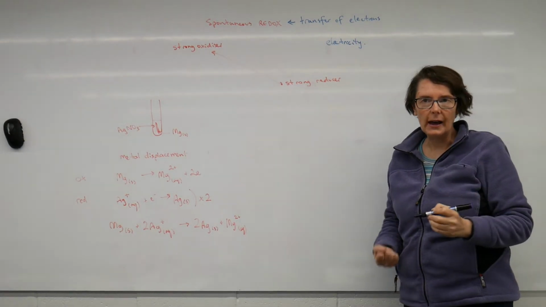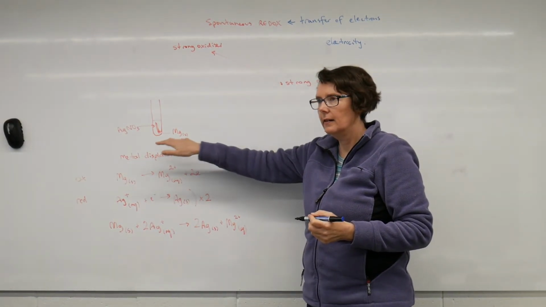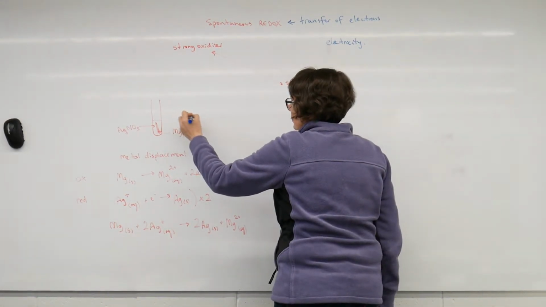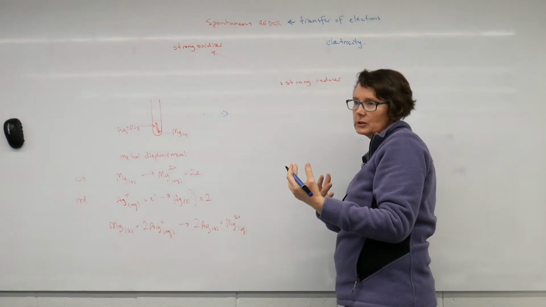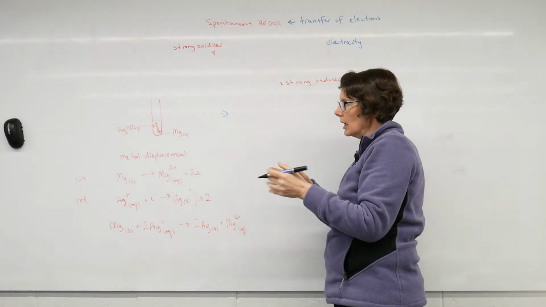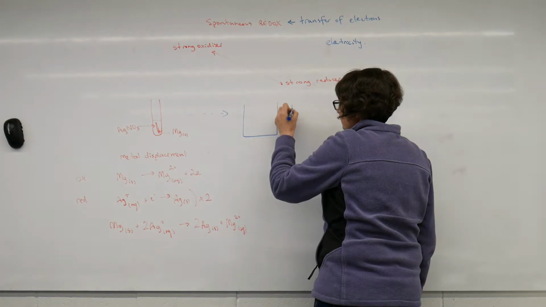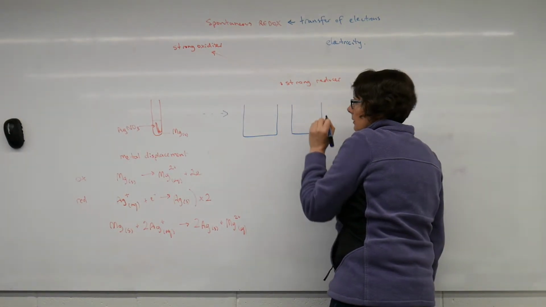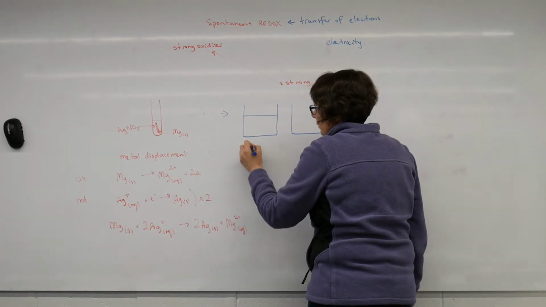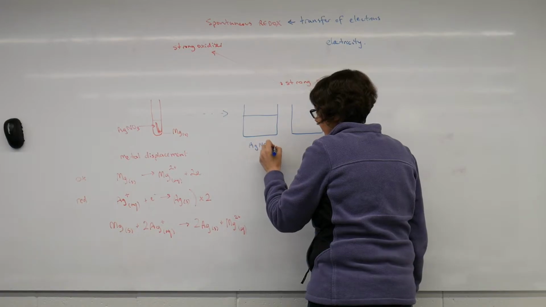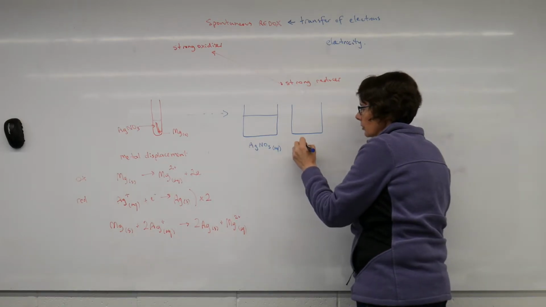And because of that, we can separate these out. So just say, instead of having them just in the one test tube where we can't harness this transfer of electrons, because it's happening all in the one container, I could instead have 2 beakers, and in this beaker I will have silver nitrate solution, and in this beaker I'm going to have magnesium nitrate solution.